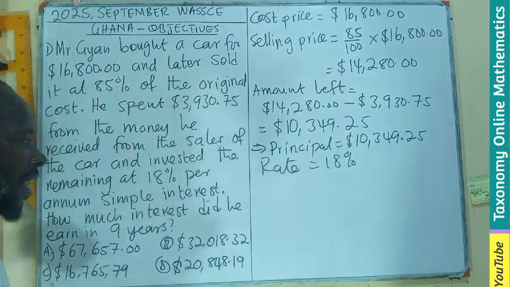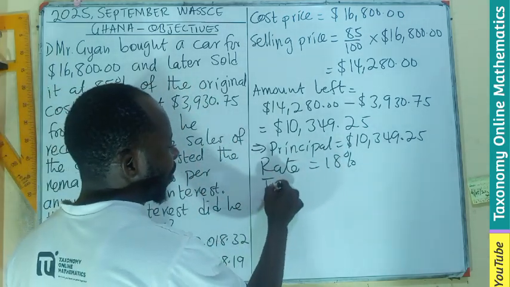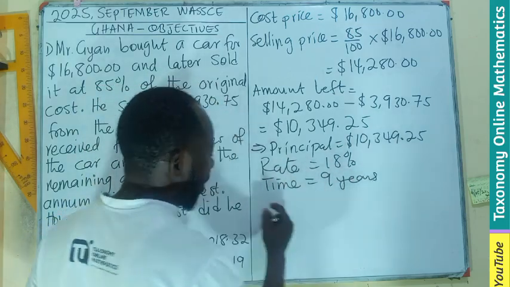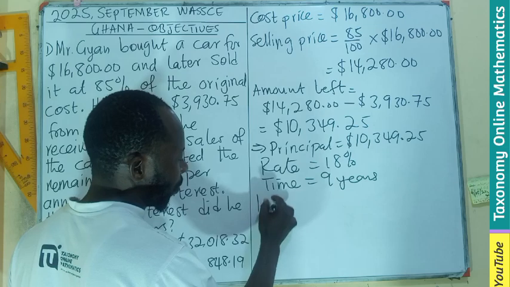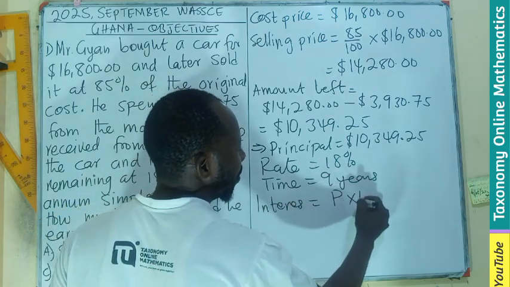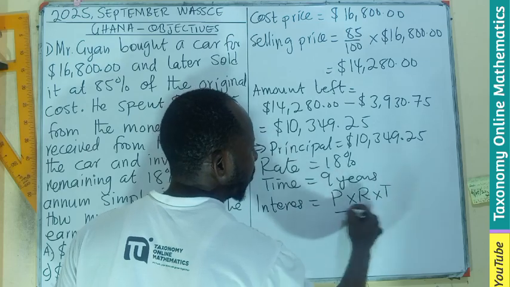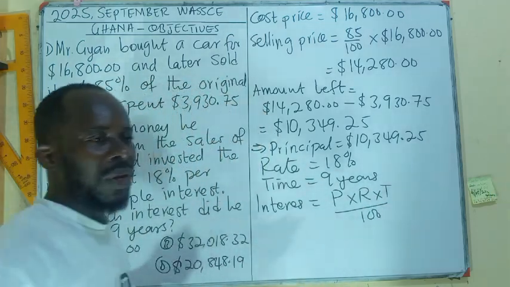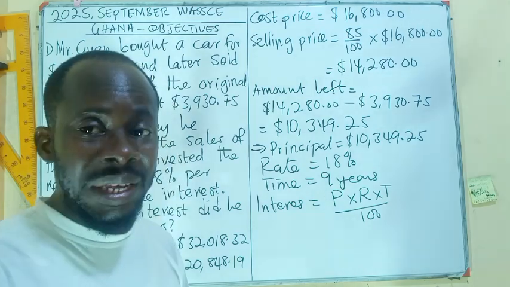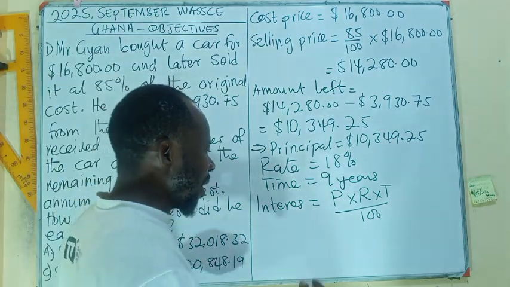Then we can also think of the rate of simple interest, that's 18%. We can think about the time as well: 9 years. So simple interest is the principal times the rate times time. The rate is in percentage, so we can keep that in mind.